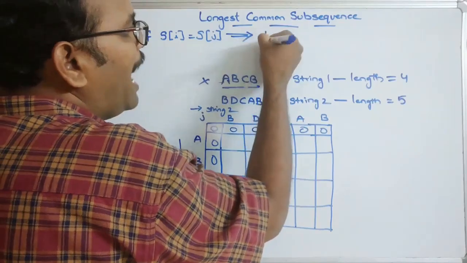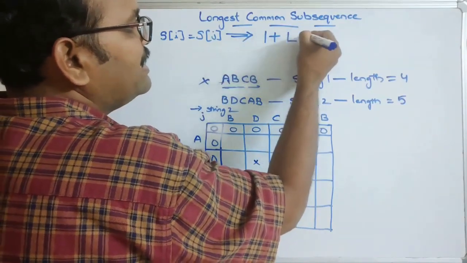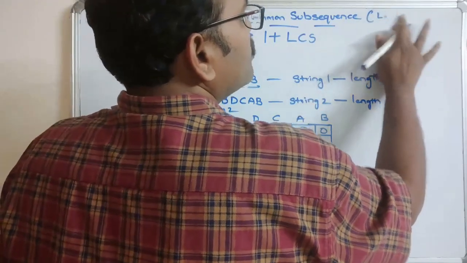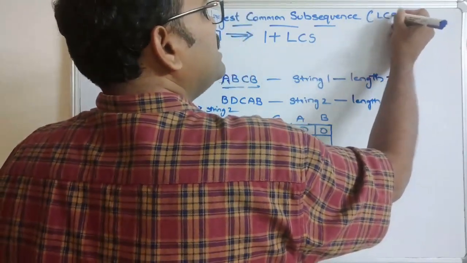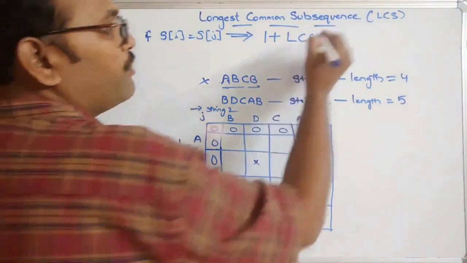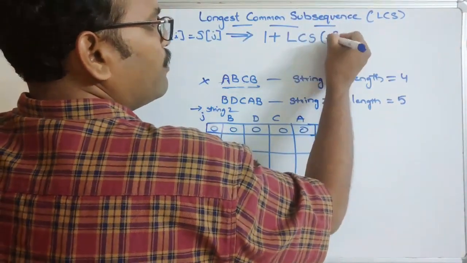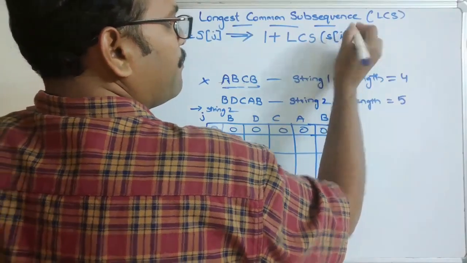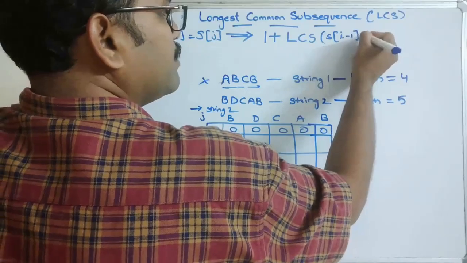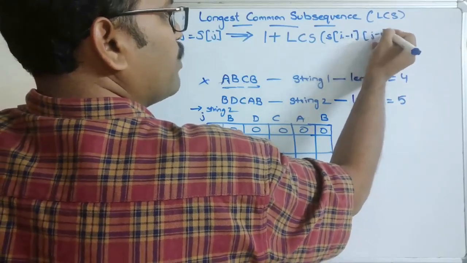We have to add one to LCS, the longest common subsequence, LCS of S of I minus 1, J minus 1.